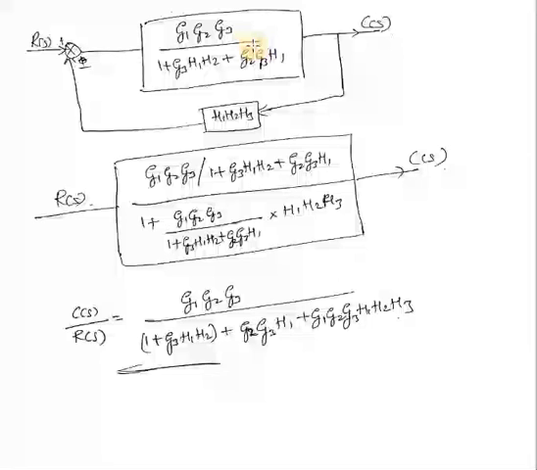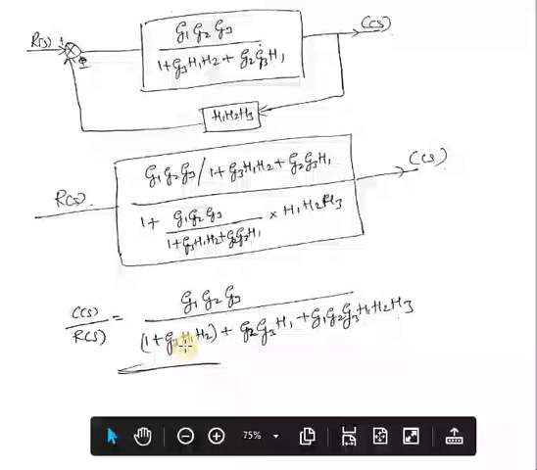The numerator remains as it is, divided by 1 plus this term into this term. When you simplify, you will get the transfer function as G1 G2 G3 divided by 1 plus G3 into H1 into H2 plus G2 G3 into H1 plus G1 G2 G3 H1 H2 H3.